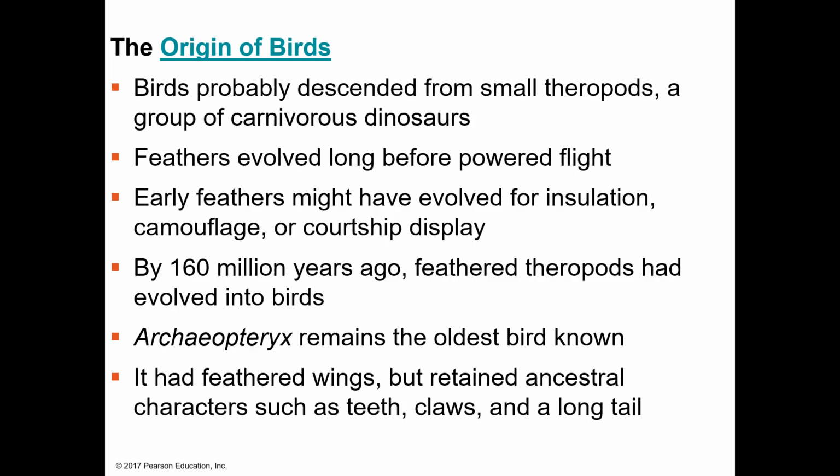The early feathers might have been found on these theropods, and they evolved potentially for insulation, so warmth, camouflage, or courtship displays. So again, back to this idea of males having particular types of feathers, bigger, brighter, bolder, to attract females. And by 160 million years ago, feathered theropods had evolved into birds.